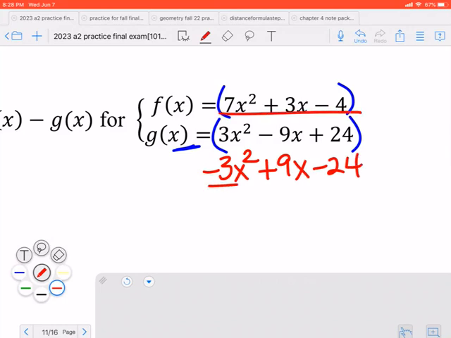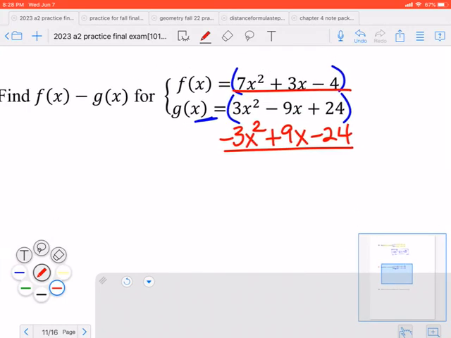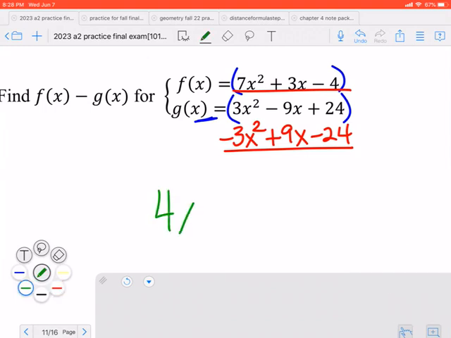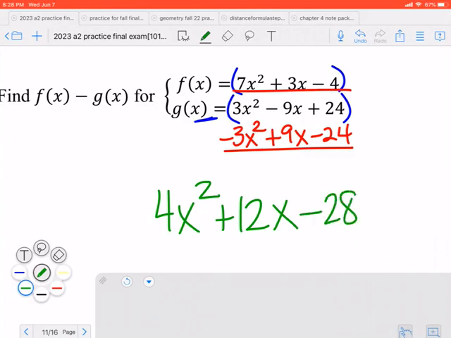So now I'm looking at those guys when I combine my like terms. 7x squared minus 3x squared is 4x squared. 3x plus 9x is 12x. And where am I? Negative 4 minus 24 is minus 28.